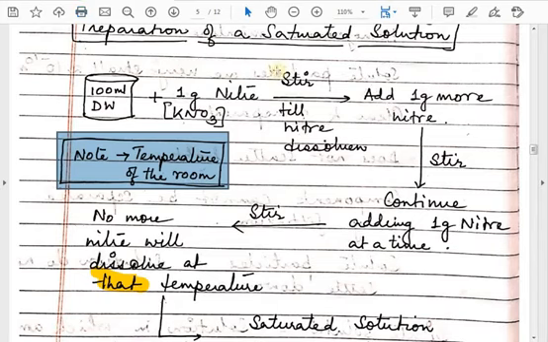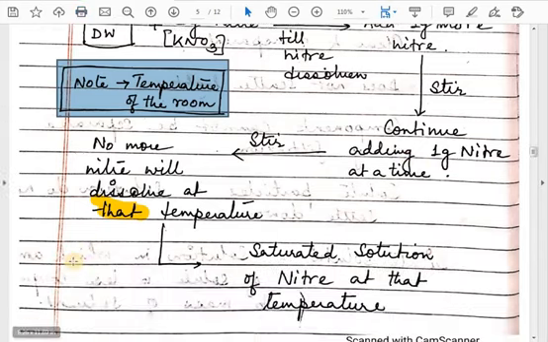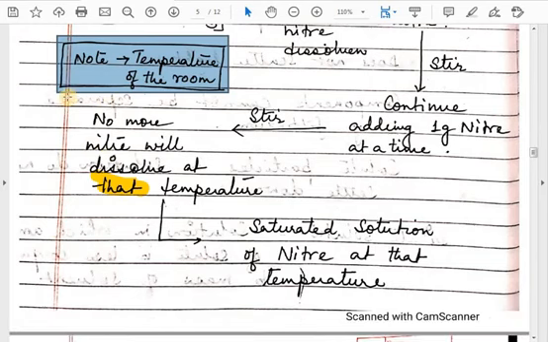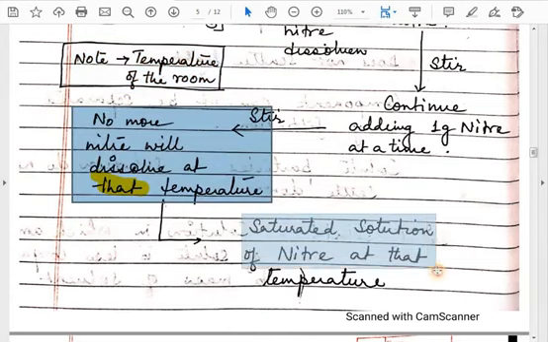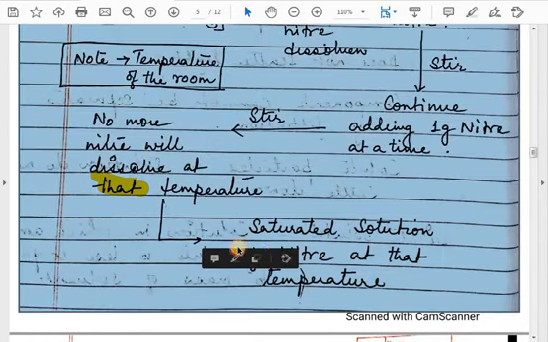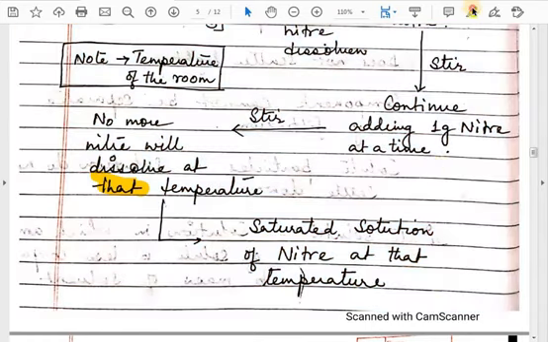When this situation arises that no more nitre will dissolve at that temperature, it is called a saturated solution of nitre at that temperature. Remember this term, the temperature. You have to mention this temperature. This is very important.